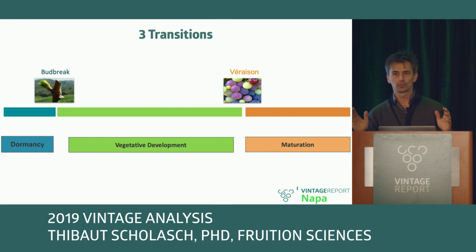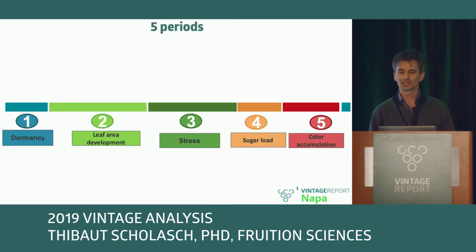So during maturation, we have this shift where the coexistence of sink and sources shifts plant responses to climate.